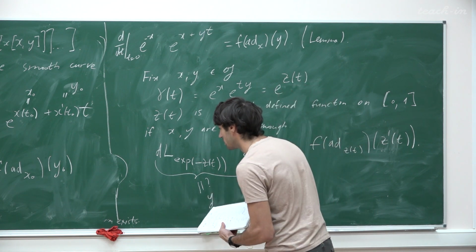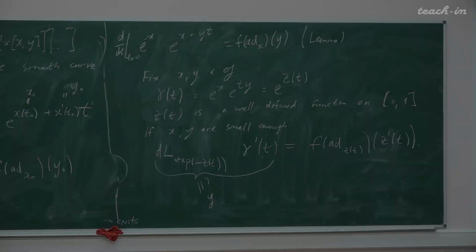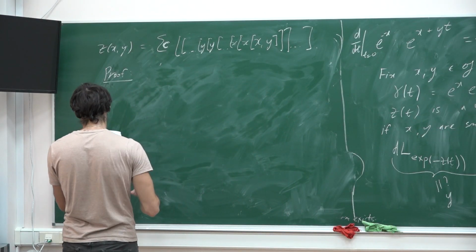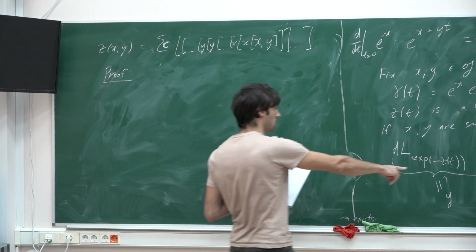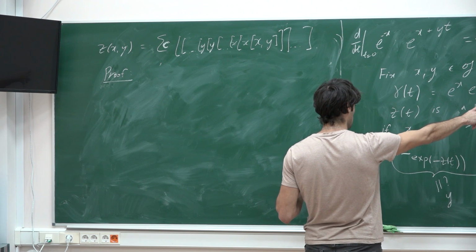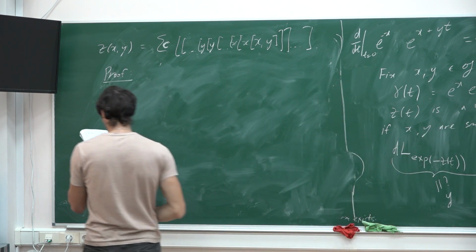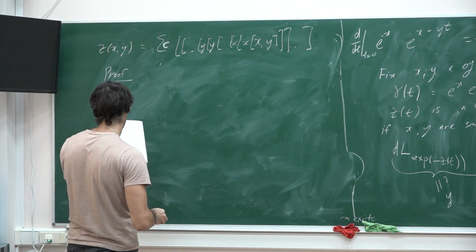Let's check this. So what is going on? z of t is this, exp of negative, so I take gamma prime of t.